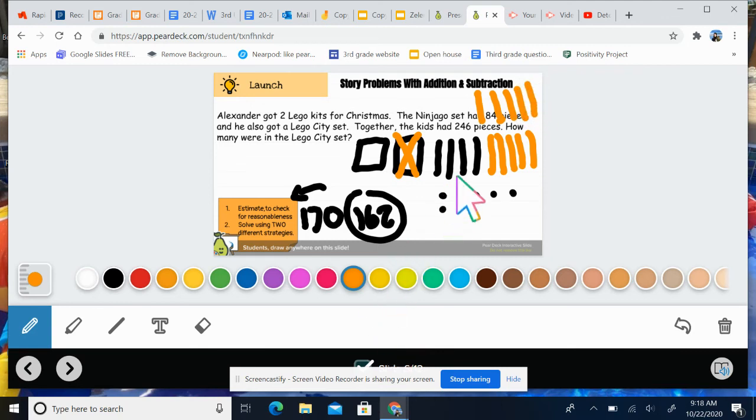I double check, Superstar students double check to make sure that this still says 246 after all of our ungrouping before we start subtracting. So we know 10 sticks equals 100. We can double check and say 100, 110, 120, 130, 140, 150, 160, 170, 180, 190, 200, 240, 245, 246. Now we can take away 4 ones. We can start subtracting.